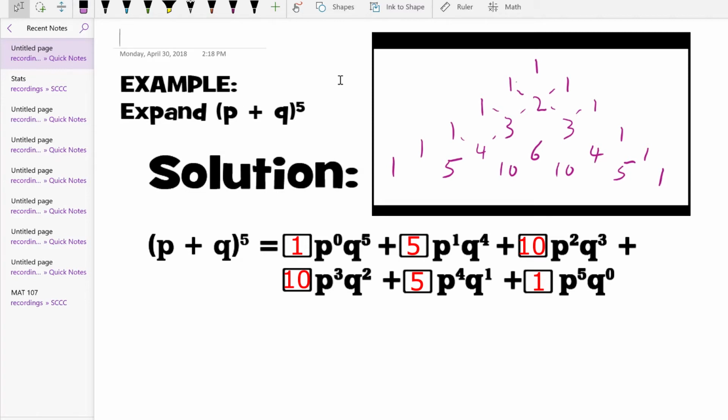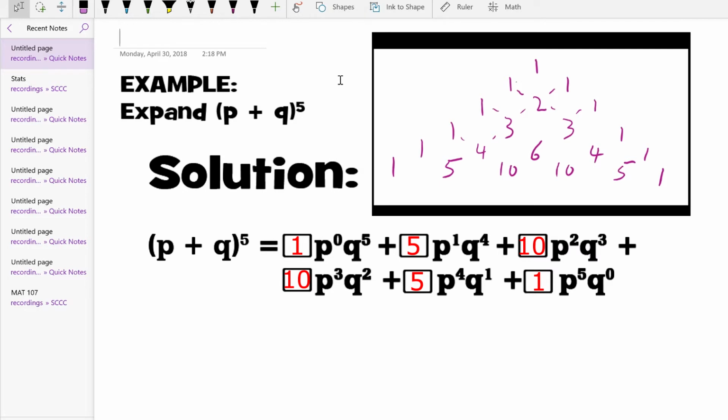I want to give you a little more insight into this. In the land of Pascal, we don't start counting with the number 1, which would seem obvious. We actually start counting with n equals 0, and then we go to n equals 1, and then n equals 2, and then n equals 3, and then n equals 4, and then n equals 5.